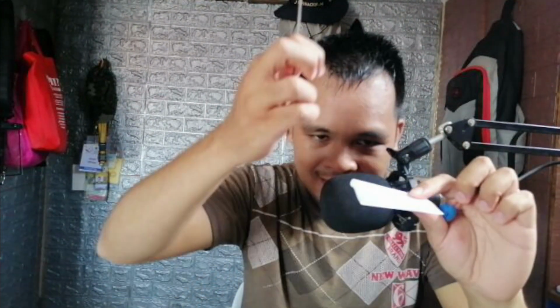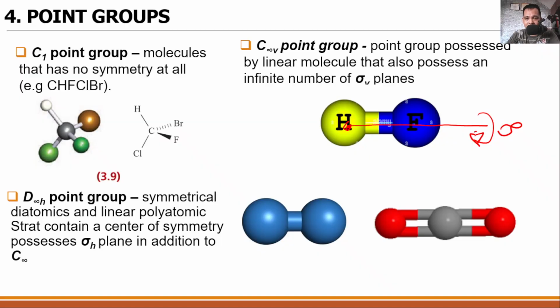Pag isa lang, C, pero pagka nagkaroon dito, it is D. So, since we have a D, also the principal axis C2 contains a perpendicular to this plane here, sigma H, di ba? And we have also a infinity. So it is classified as the infinity H point group in the case of this. Okay. It's also same on the other side. Ayan.